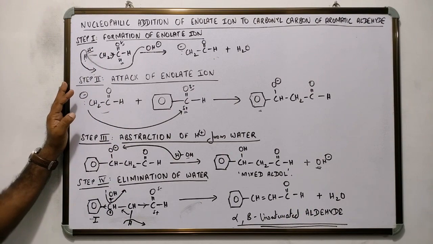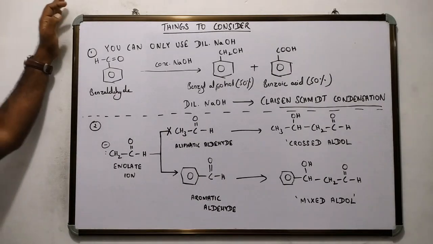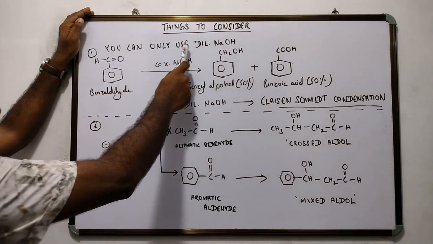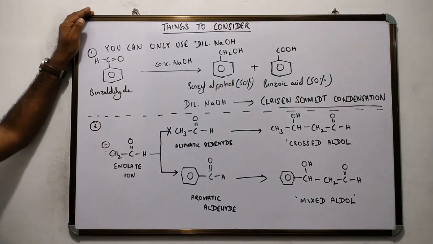We will discuss other aspects of this reaction. Things to consider in a Claisen-Schmidt condensation: you can only use dilute NaOH.